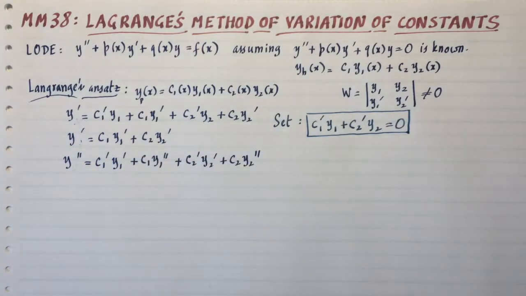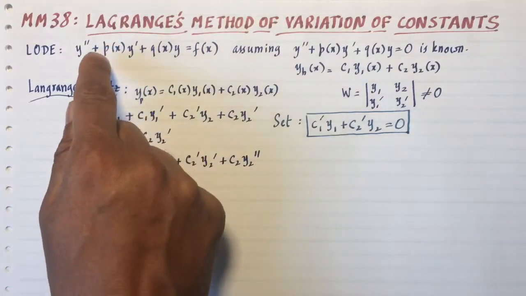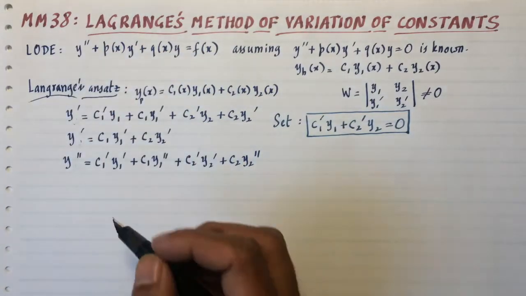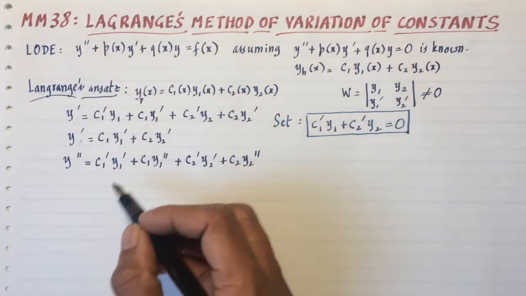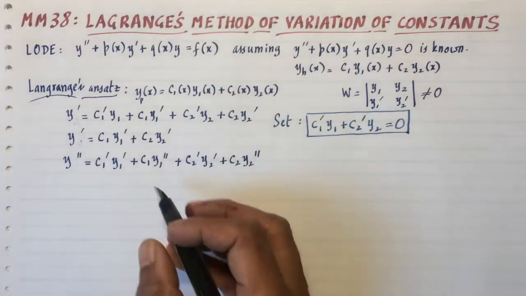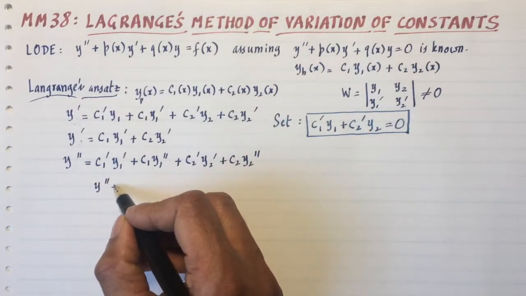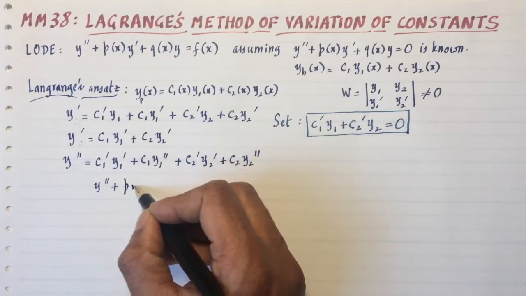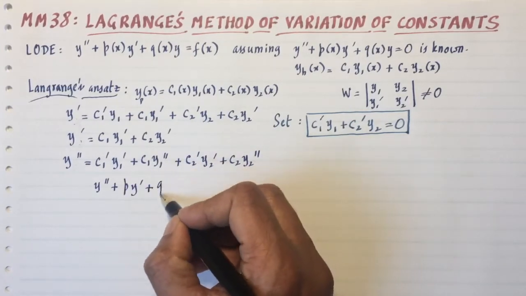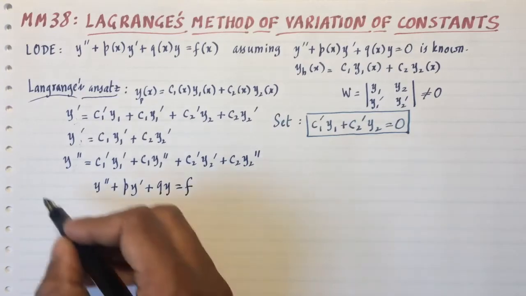What I'm going to do is put this in the non-homogeneous equation, because we want this in the non-homogeneous equation. The reason I removed the p designation is when you substitute this in the non-homogeneous equation, you will find that the homogeneous is already there. So let's put this back in the load, and let me write down the load again: y double prime plus p y prime plus q y equals f is the load.